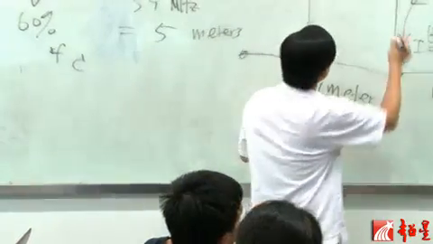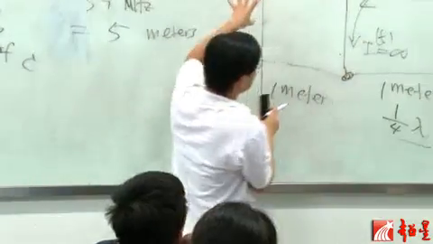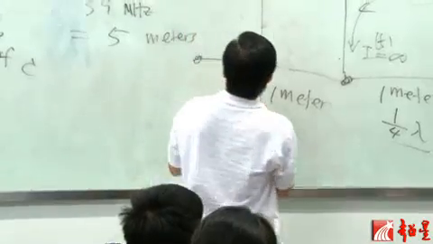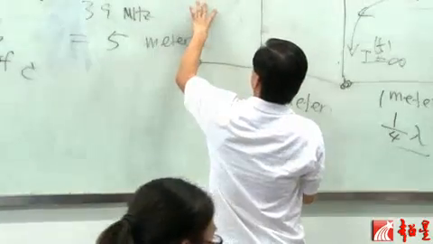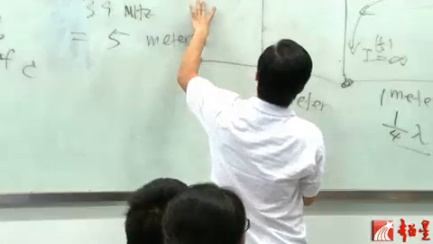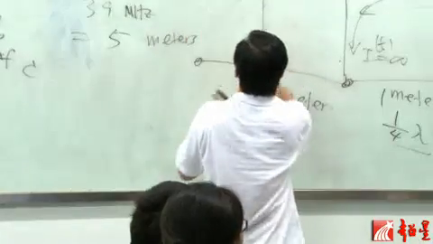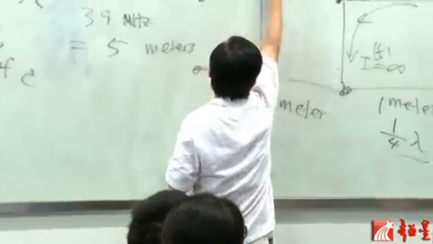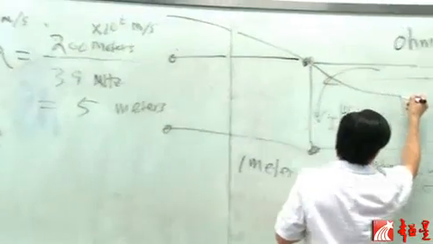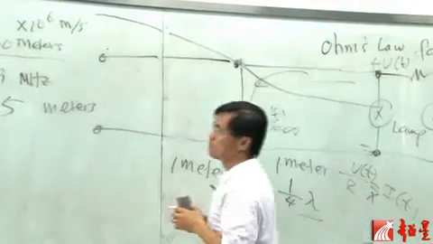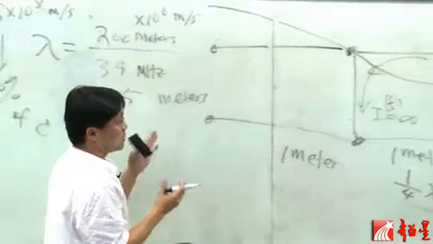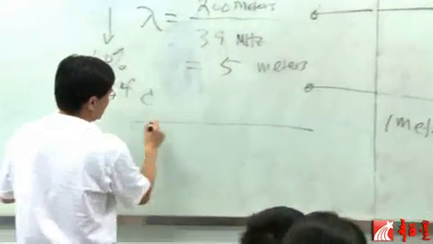So if I take a snapshot of this wave on this cable, this is open, so it's going to be something like this. This is just a half of that. So a sinusoidal waveform.